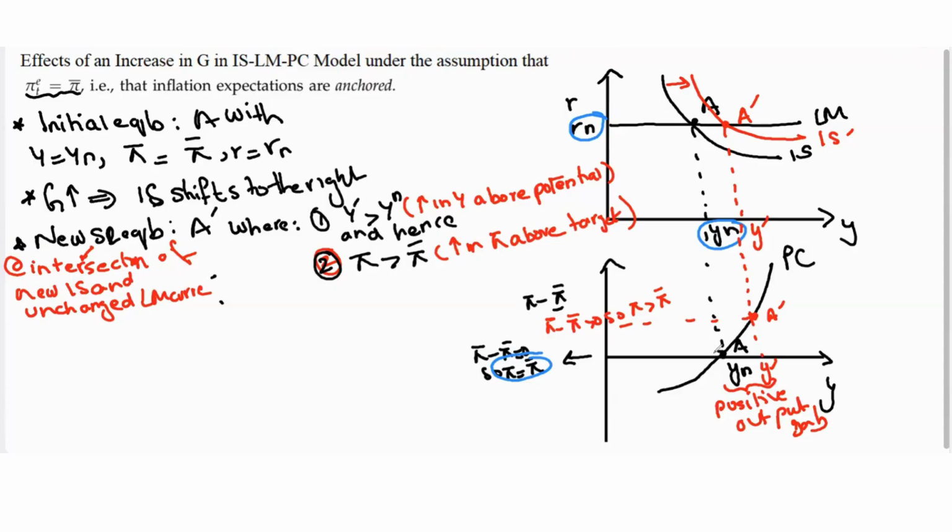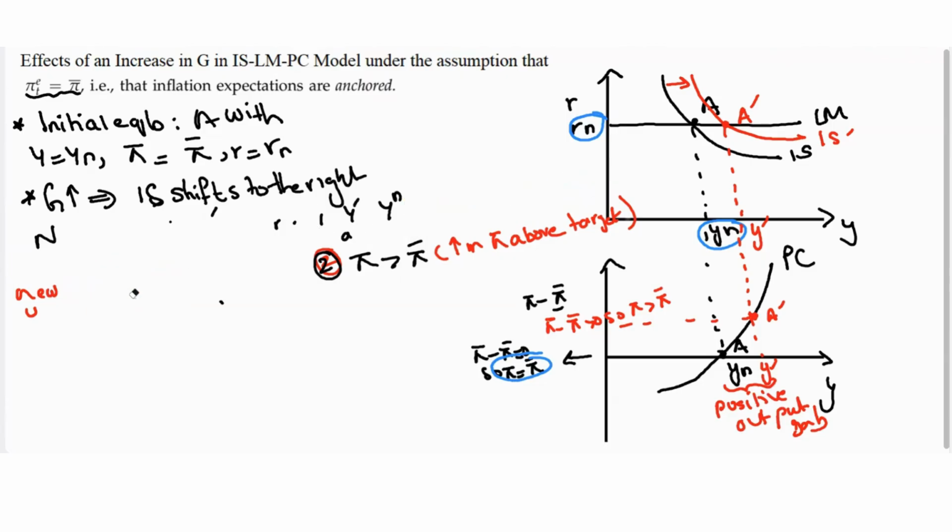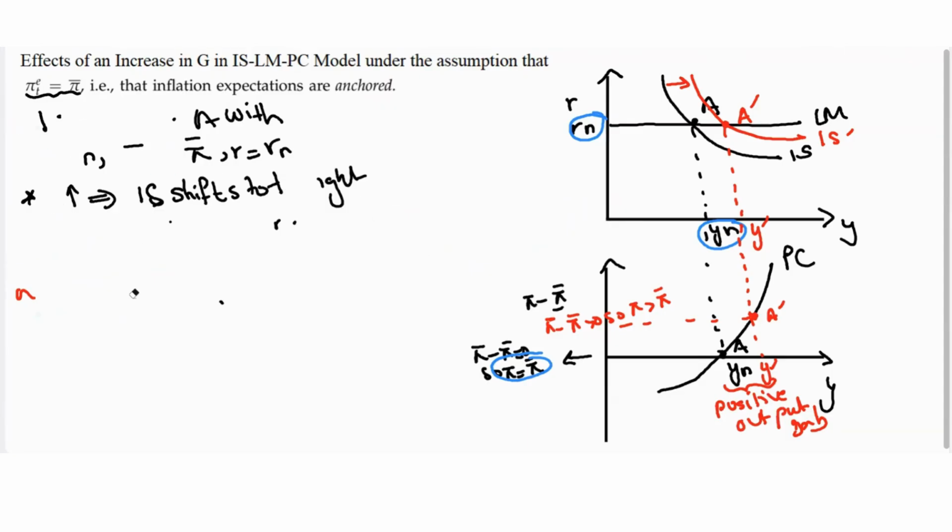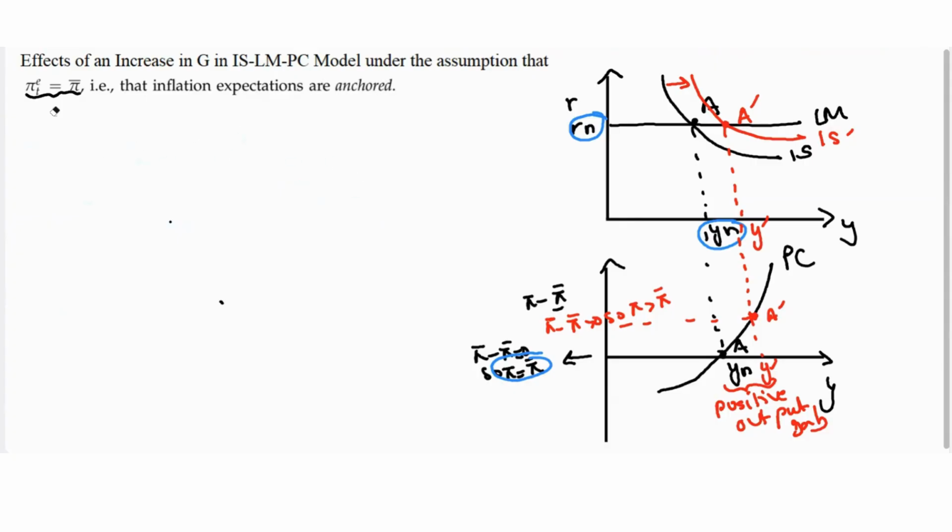Now we want to see how we will come back to the medium-run equilibrium. Let me clear this up so that we can look at it more easily. We started off from A, and the short-run equilibrium caused us to go to A prime. Now we want to see the adjustment process back to the medium-run equilibrium.